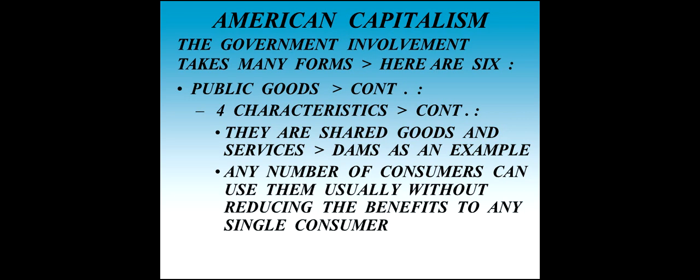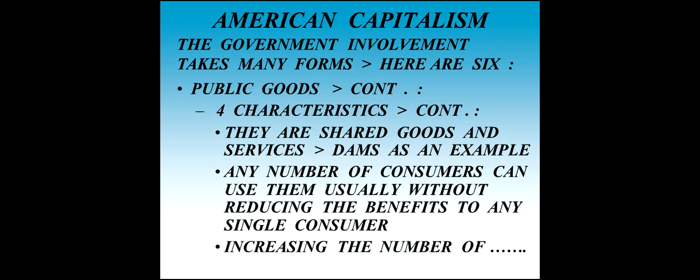We will look at here shortly the rare cases where the benefits to some consumers are reduced by overusage. We'll get to that, but the general rule of thumb is that any number of consumers can use the public goods without reducing the benefits.